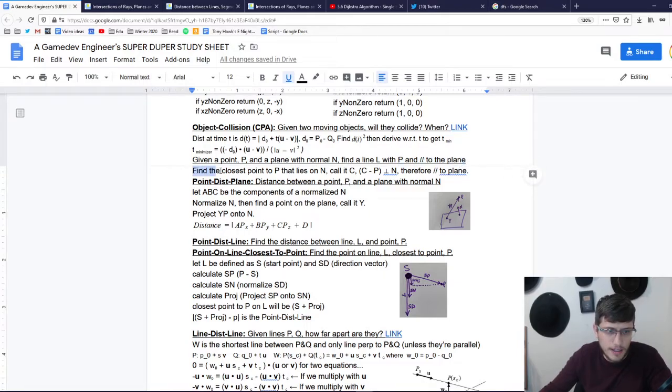So the way to do that is you want to find the closest point to P that lies on N, call it C, and then C minus P is going to give you a line, and that is perpendicular to N, so therefore it is parallel to the plane. So that's how you would find that line.